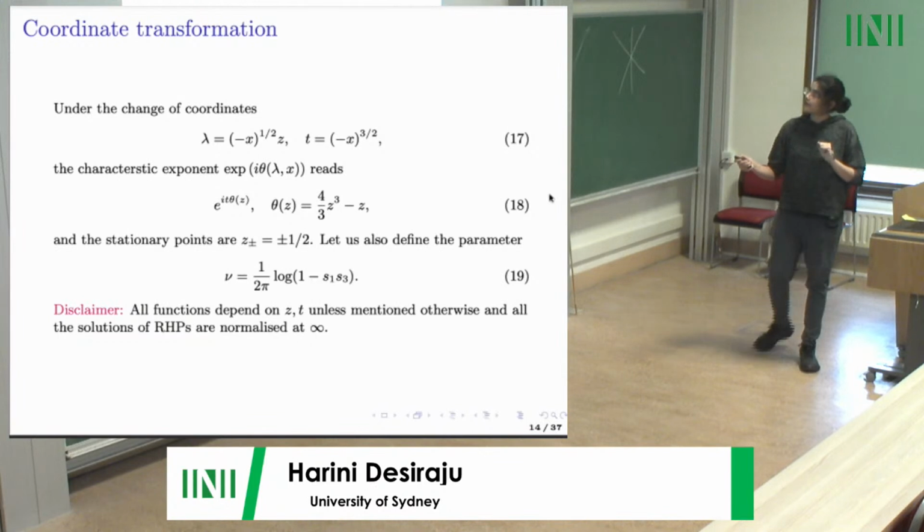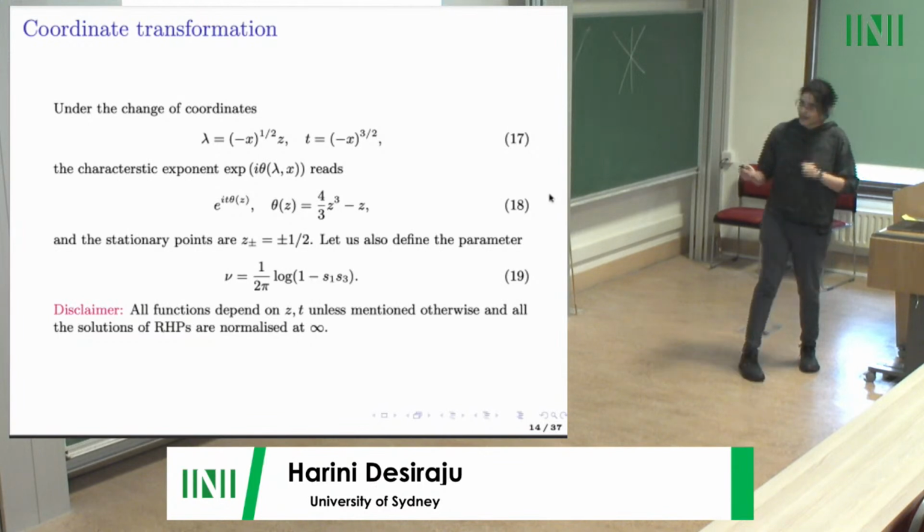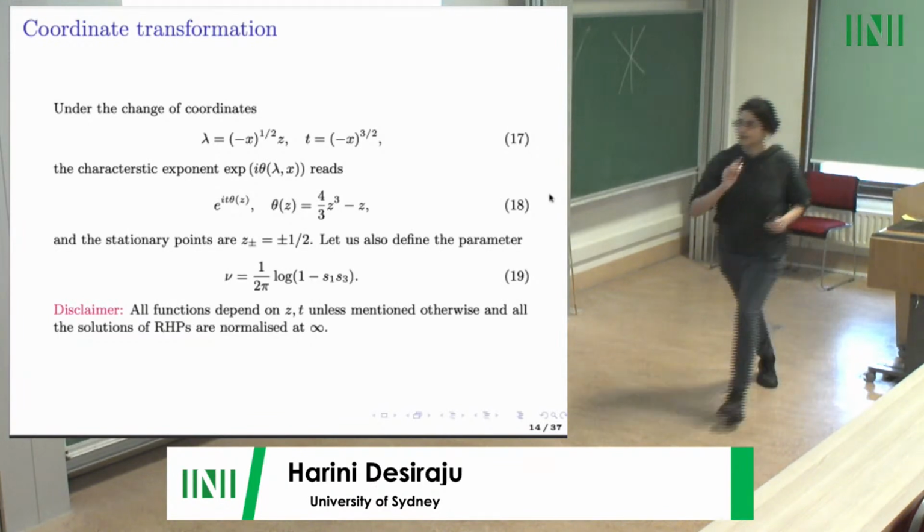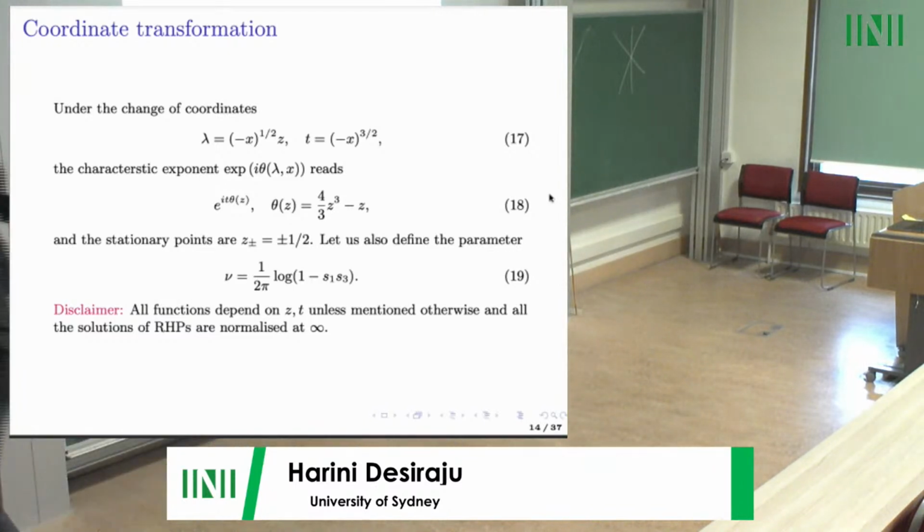Now under this transformation, the characteristic exponent, which I promised I'd write down and then forgot. This was 4 lambda cubed over 3 plus minus, the original exponent.